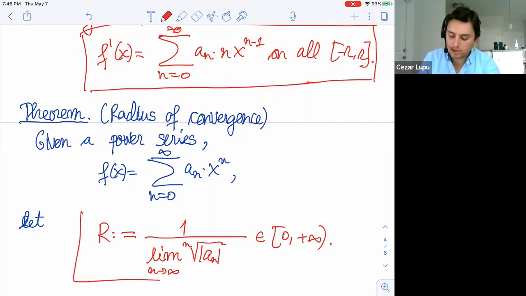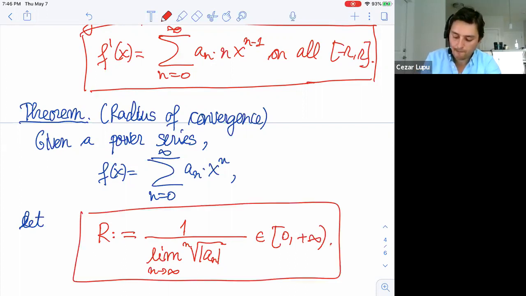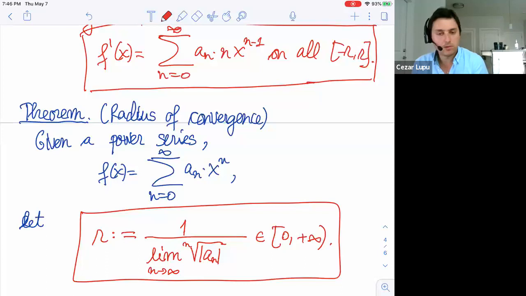I'm considering this number R, in fact let me denote it by little r. So it's 1 over this. Again, you have to compute the limit of the nth root of this.